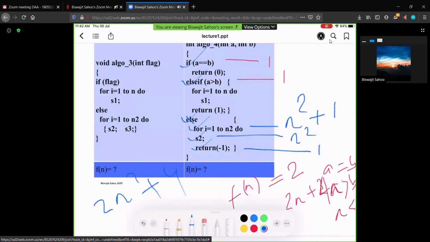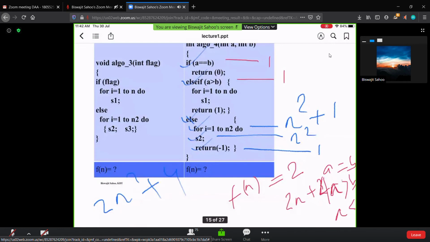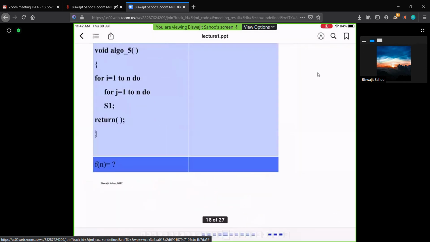Now, let's discuss how to find the frequency count when we have inner loops. I only discussed a single for loop so far; now let's discuss multiple loops. Carefully listen. When we discuss an algorithm, I may not write down declaration statements like i and j.